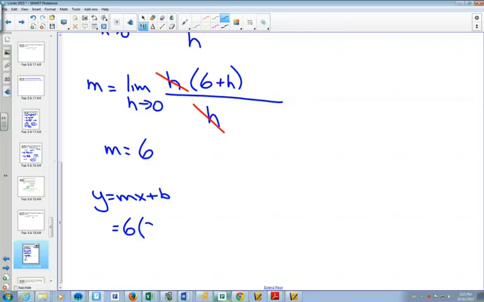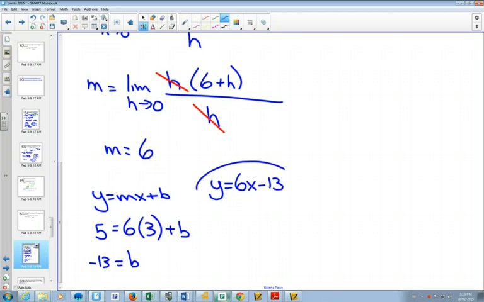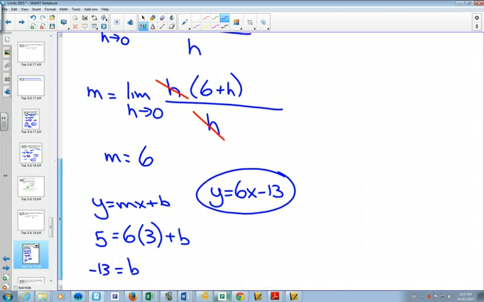So when x is 3, y is 5. That gives our b value as negative 13. And so our equation of our tangent line is 6x minus 13. Okay.